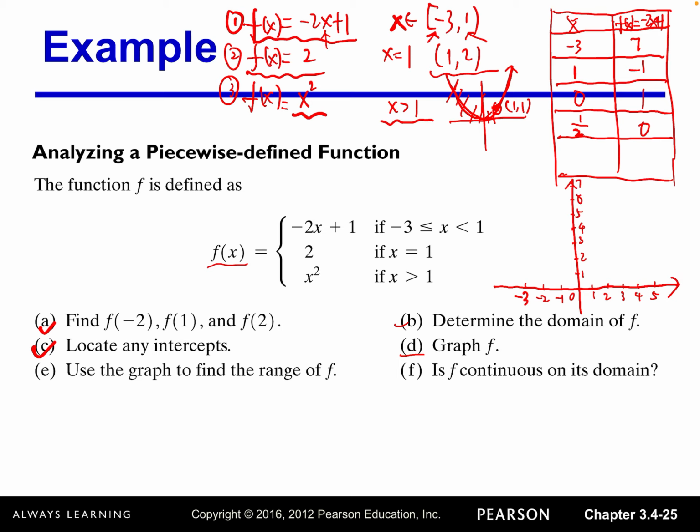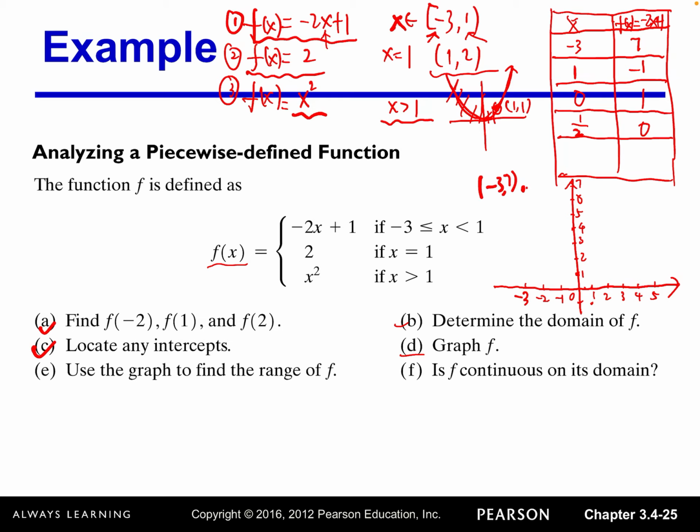Then (-3, 7) is about here. (1, -1) is right here. And (0, 1) is right here. (1/2, 0) is right here.